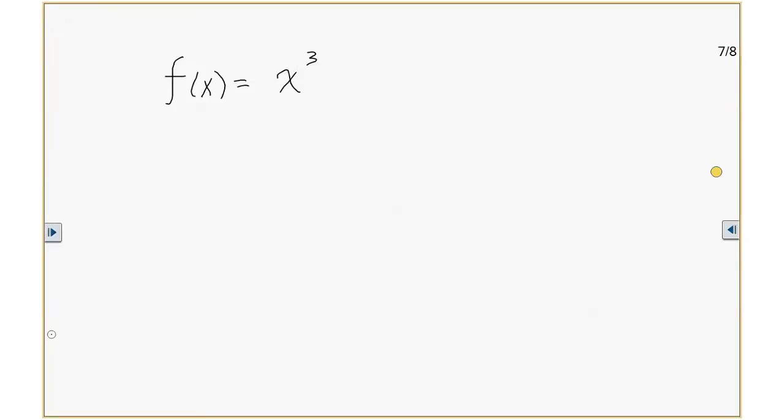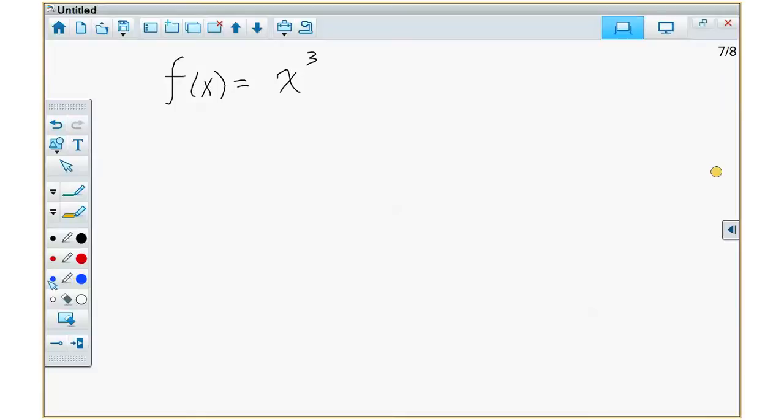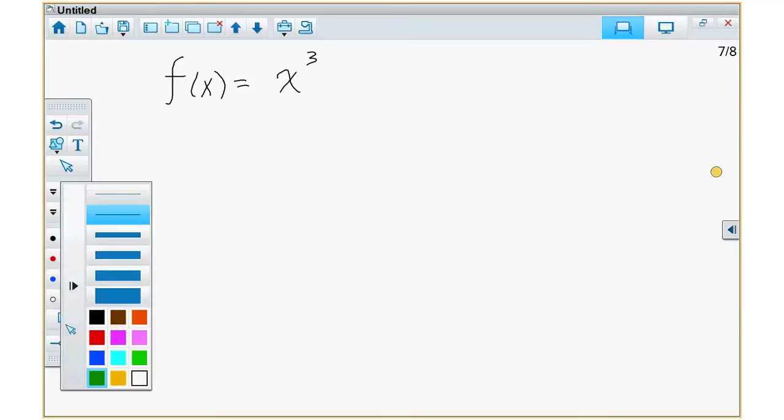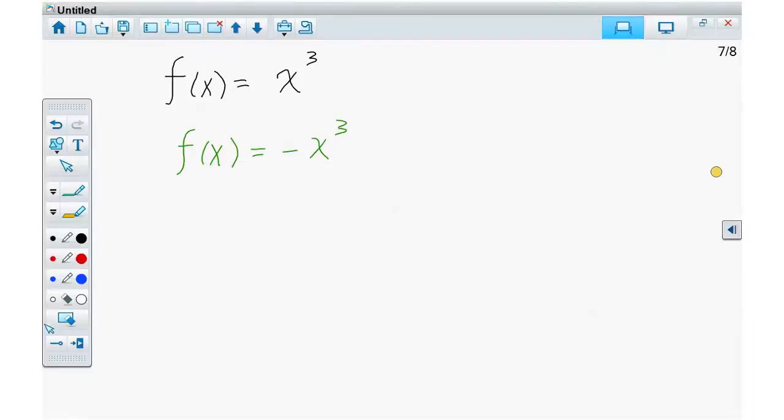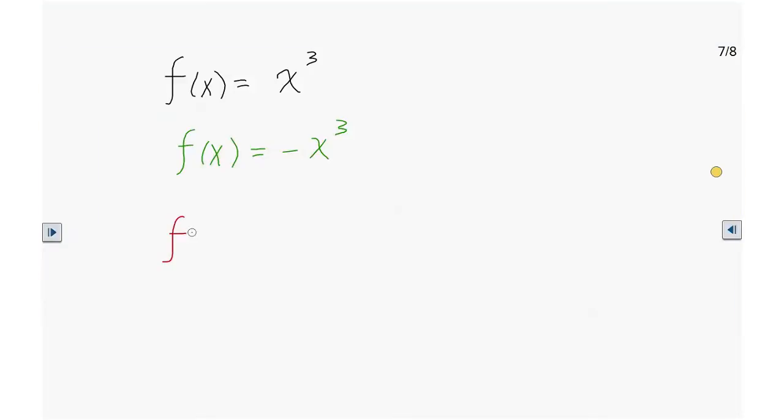I mean, you'll see it, but it's not as easy to see. And the green will be f of x is equal to negative x cubed. And red, f of x is equal to (x plus 4) cubed.